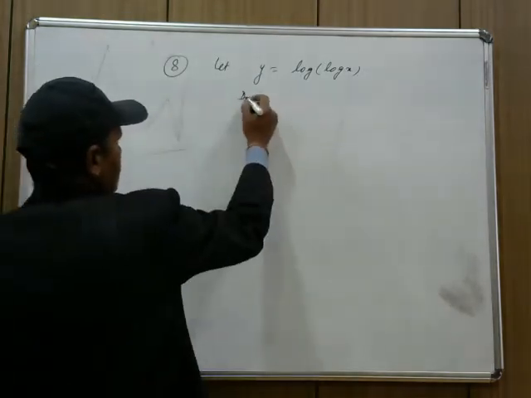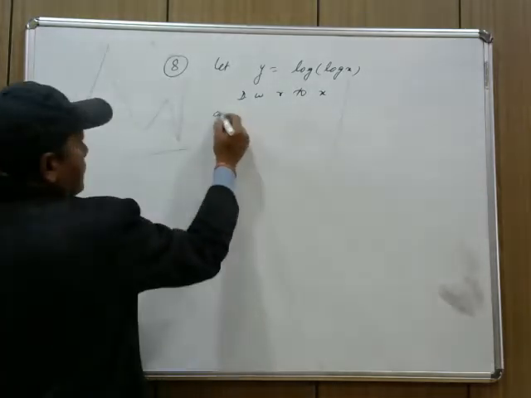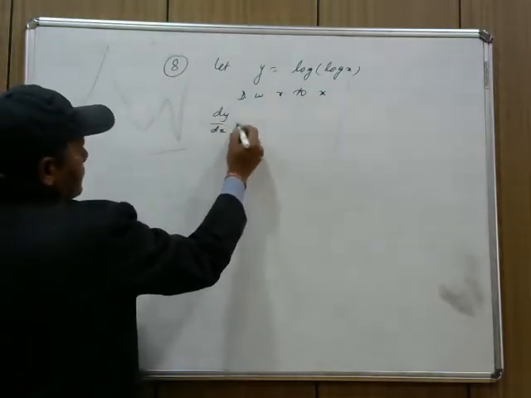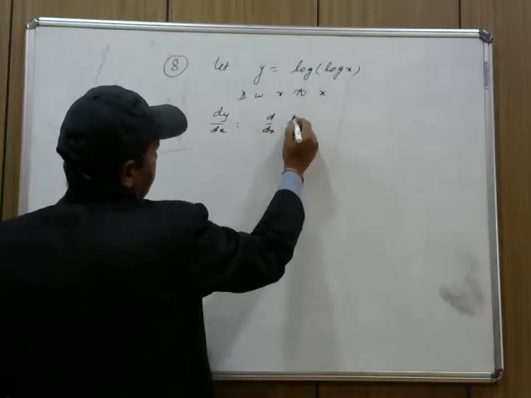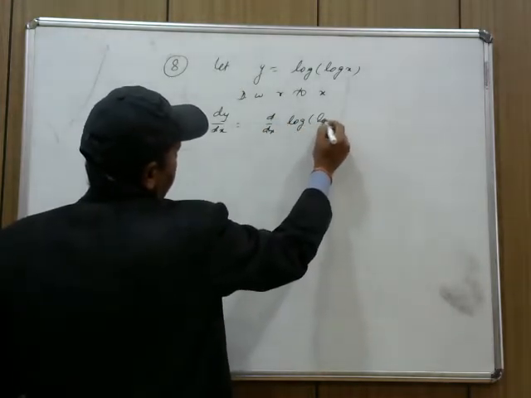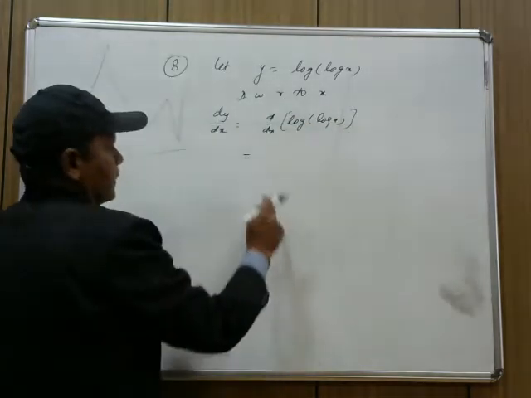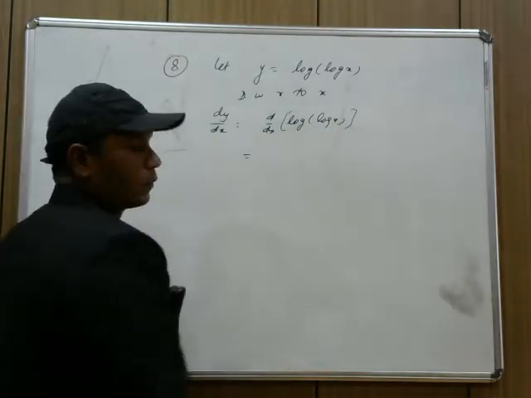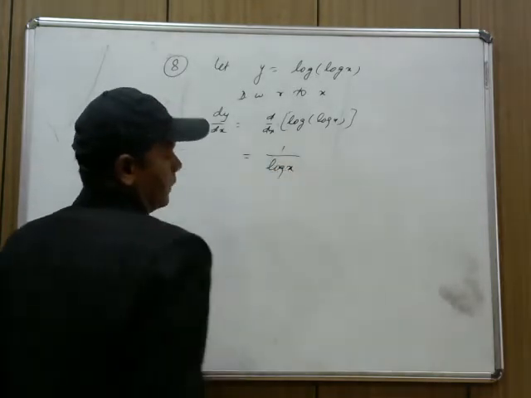Differentiating with respect to x, both the sides, dy by dx is equal to d by dx of log of log x. Now, differentiation of log x is what? 1 upon log x.